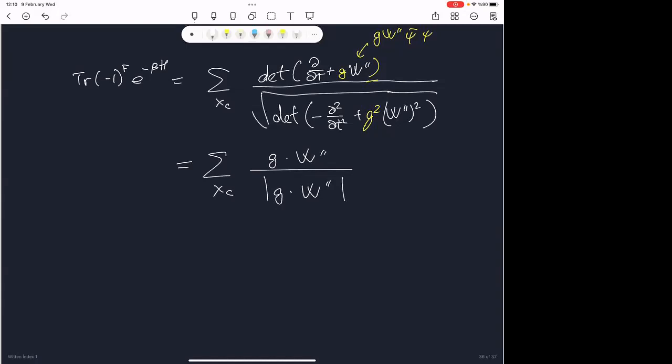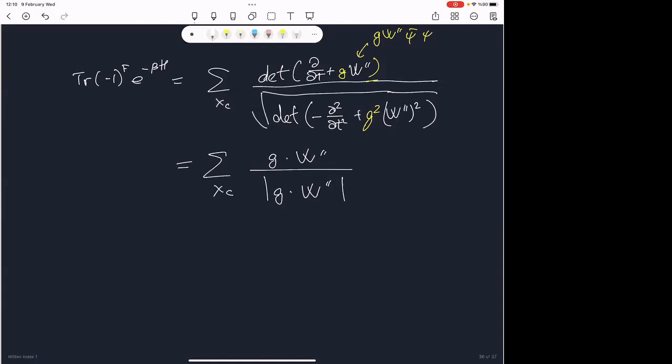If so, we actually start with positive G, but even if it changes the sign, that gives nothing, because it's not important whether you get a minus or plus sign for the Witten index. What's important is whether it equals 0 or not.